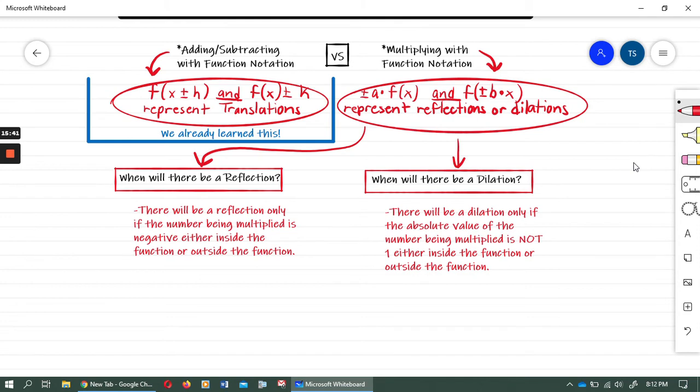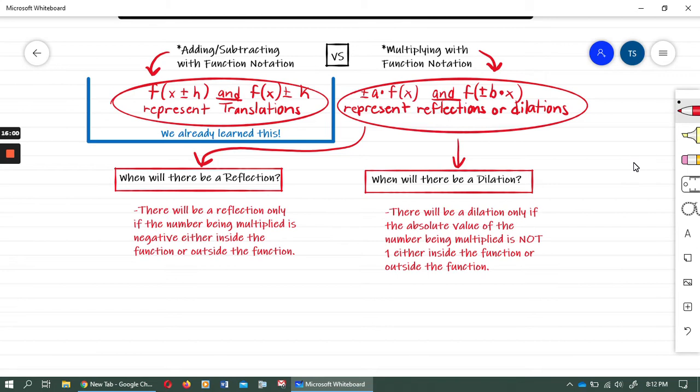Think about if we have the value 3. What's going to happen to that value of 3 if we multiply it times 1? Absolutely nothing. If we multiply any value times 1, it's not going to get smaller and it's not going to get bigger.